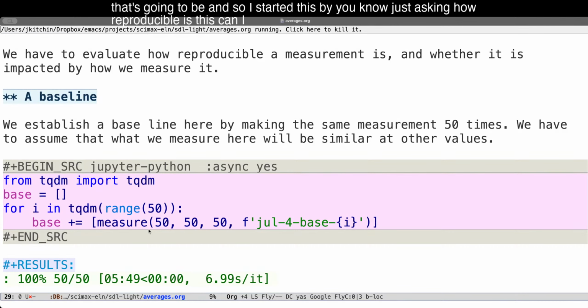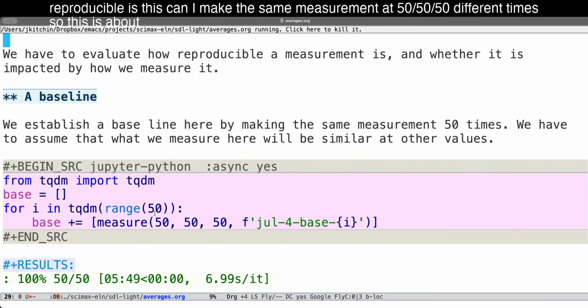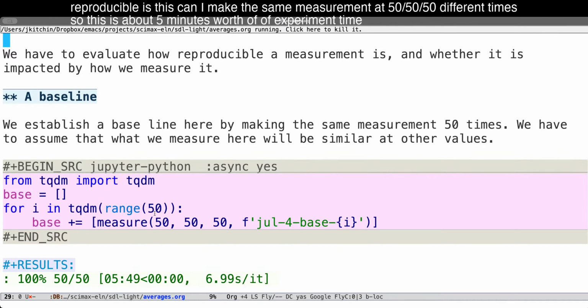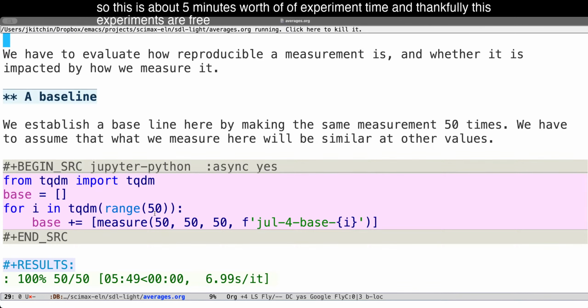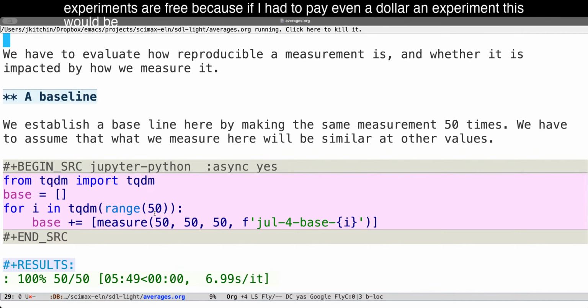Can I make the same measurement 50 different times? This is about 5 minutes worth of experiment time, and thankfully these experiments are free, because if I had to pay even $1 an experiment, this would be a $50 experiment.